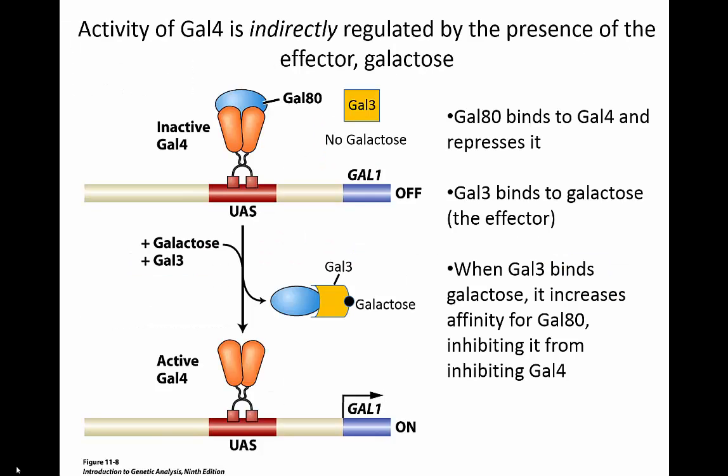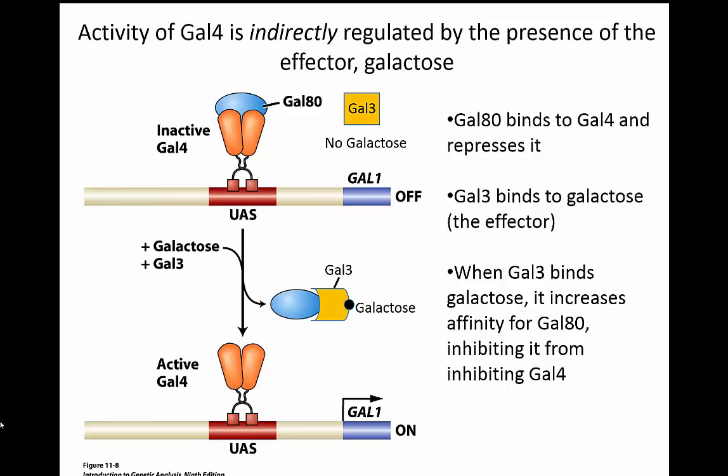So now, instead of looking at all four genes separately, all four of those structural GAL genes, we're going to focus in on one of them. GAL1 is the one we're going to look at. All four of those genes are regulated in the very same way. This particular gene has to have a way to respond to the sugar galactose in the environment.